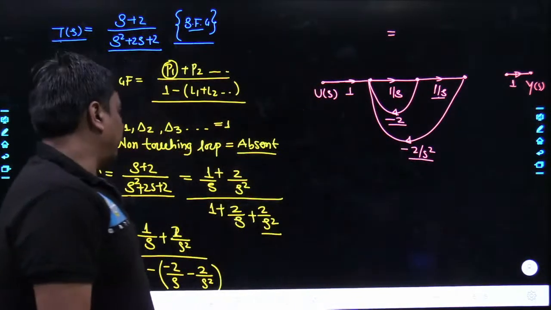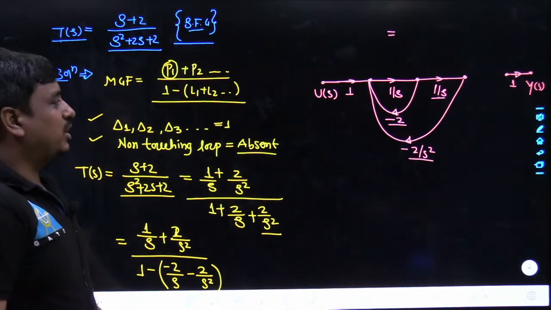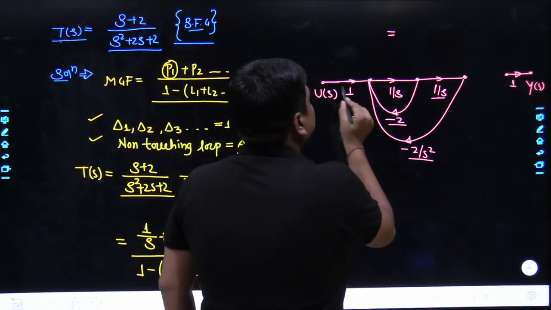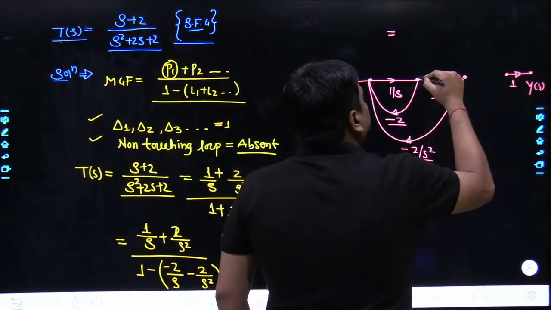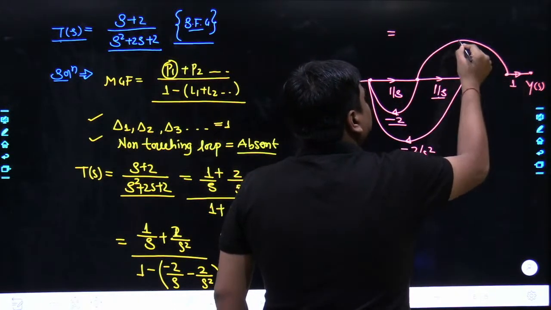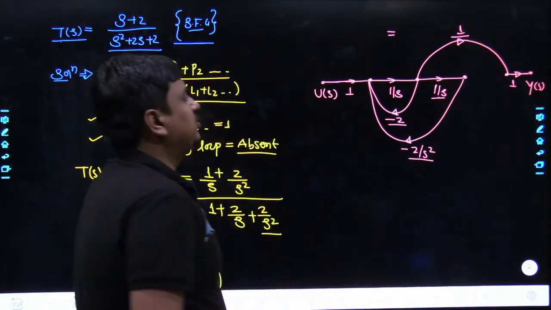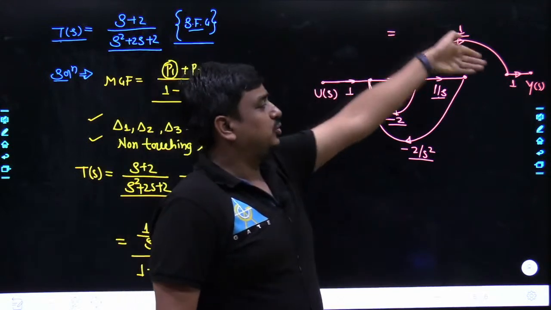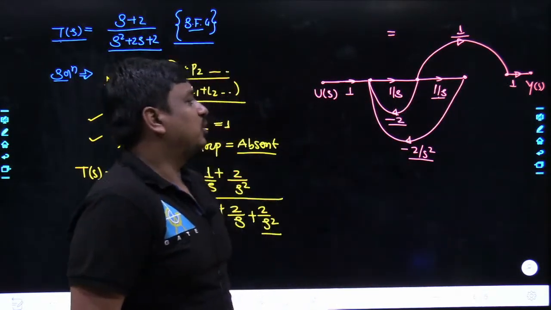Now focus on the forward paths. The first forward path gain has to be 1 upon S. You can see the transmittance at this branch has to be 1, that's 1 into 1 upon S into 1, which is the 1 upon S itself.